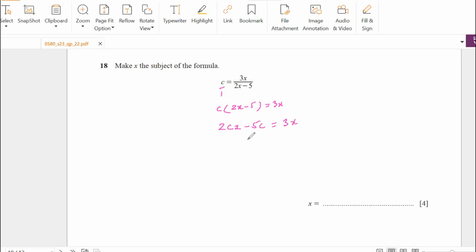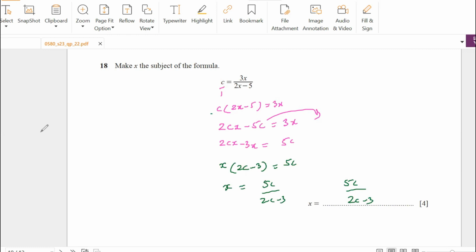If we take 3x from right to left, it is minus 3x, and 5c on the other side. The next step is we can take x common as we are looking for x as the subject. So x(2c minus 3) is equal to 5c. So x is equal to 5c over 2c minus 3. I hope it is clear.